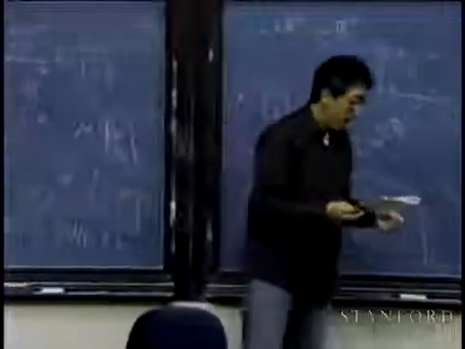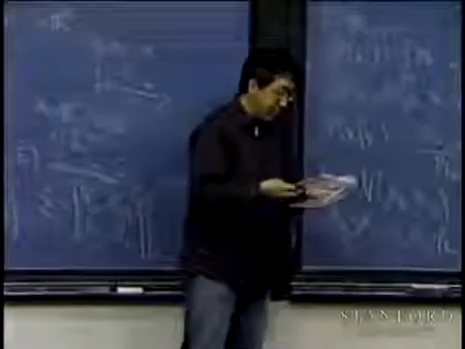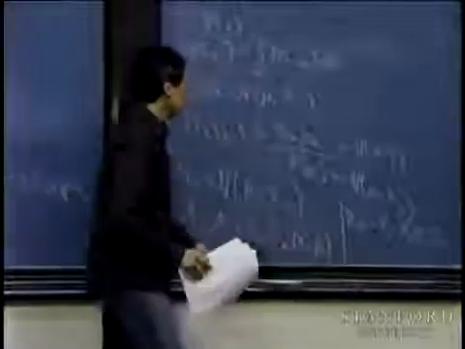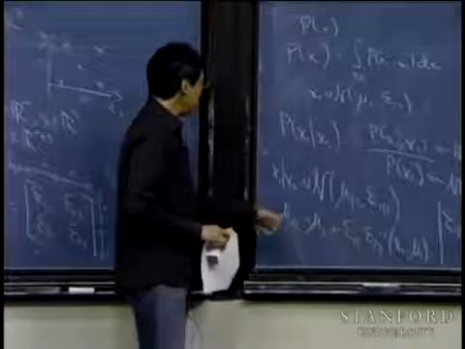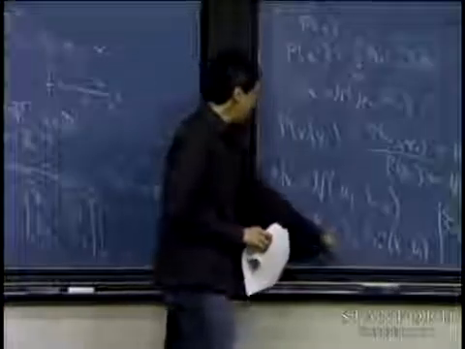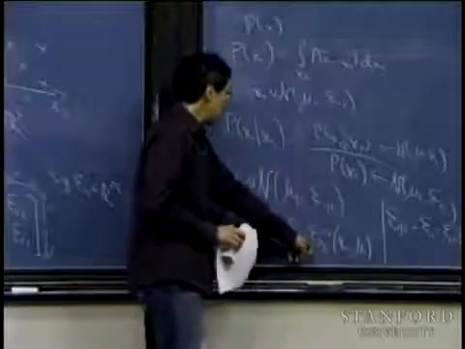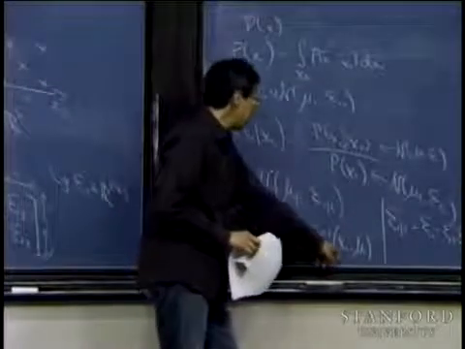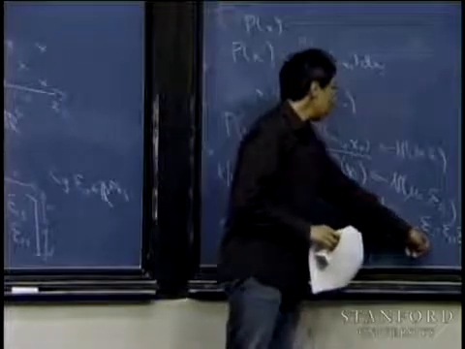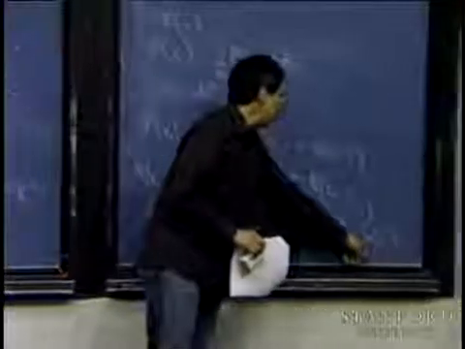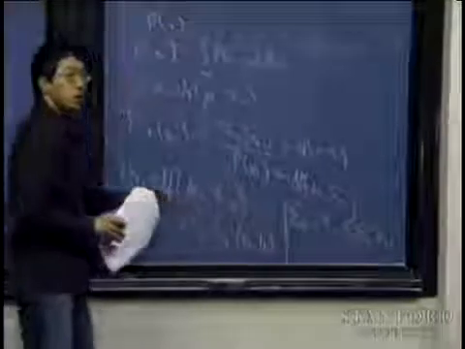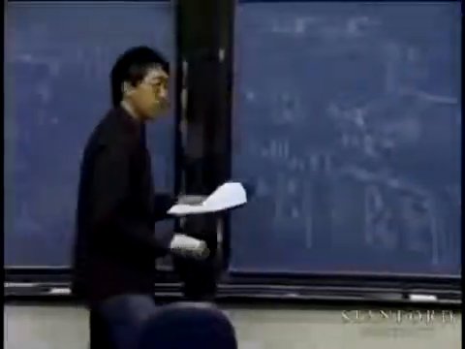So on the left, mu of 1 given 2 equals mu1 plus sigma 1,2, sigma 2 inverse times x2 minus mu2. And sigma 1 given 2 equals sigma 1,1 minus sigma 1,2, sigma 2 inverse sigma 2,1. These are all also in the lecture notes.